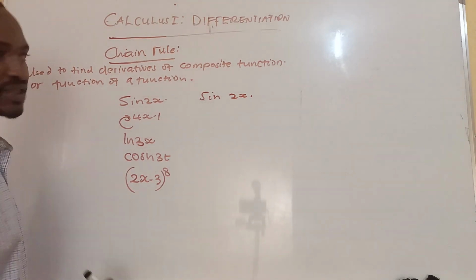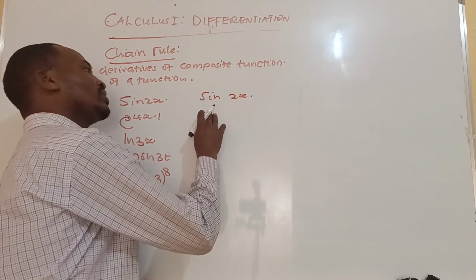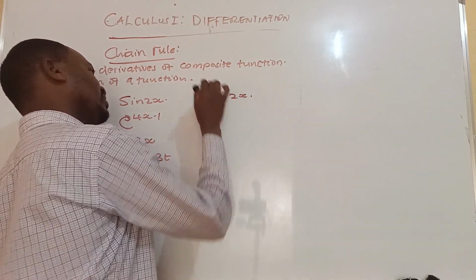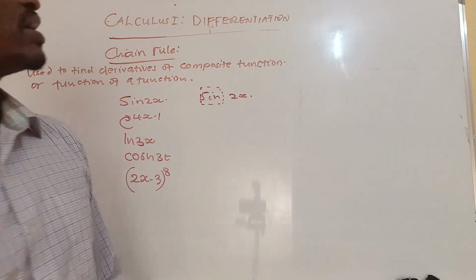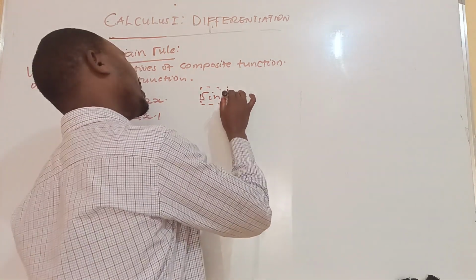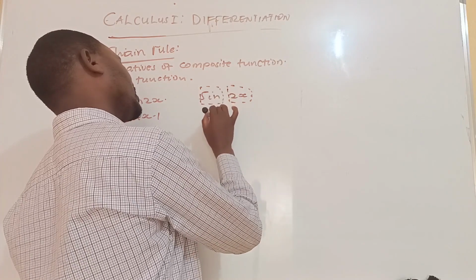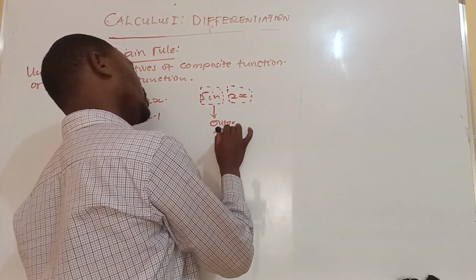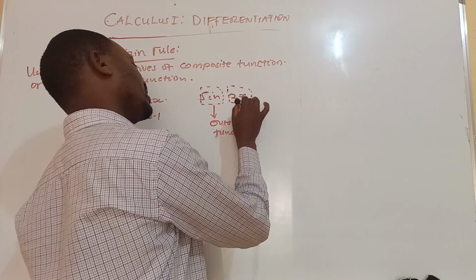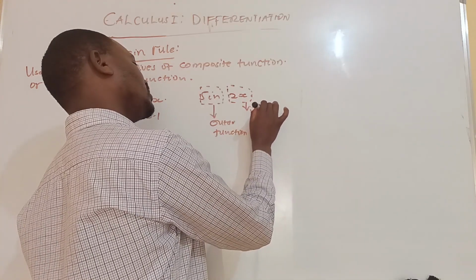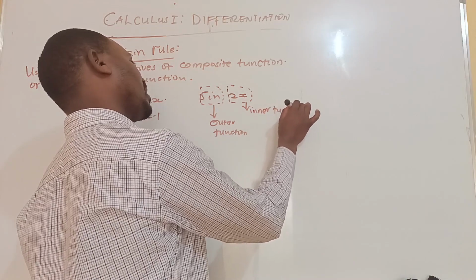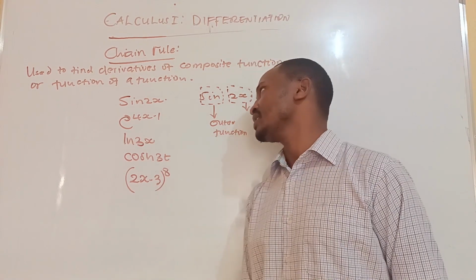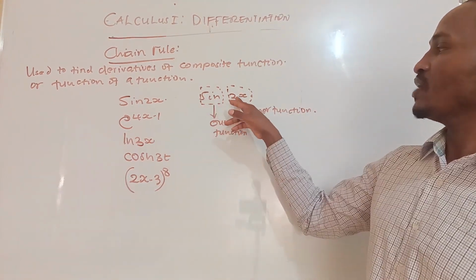So the sine function is the outer function, and 2x is the inner function. A composite function is a function that has another function inside it. So 2x is inside sine.